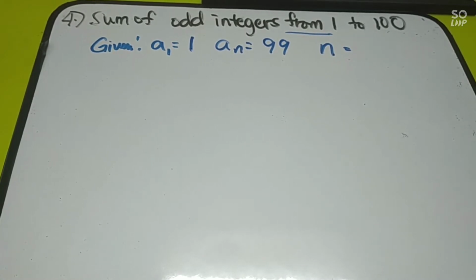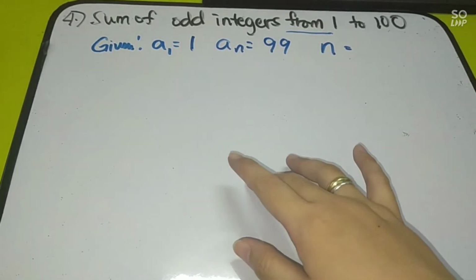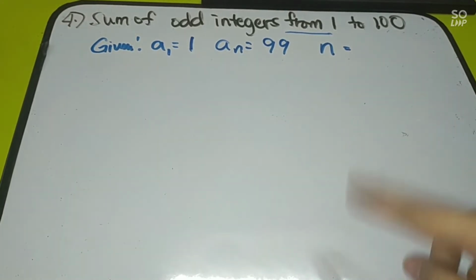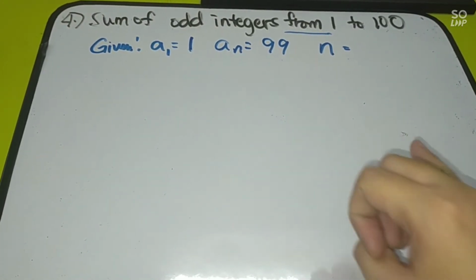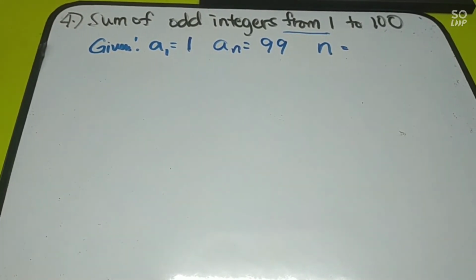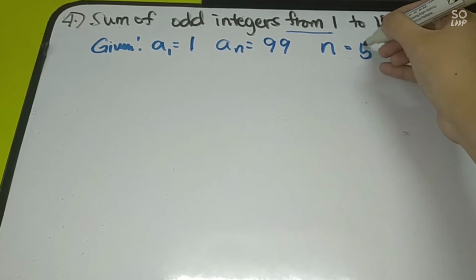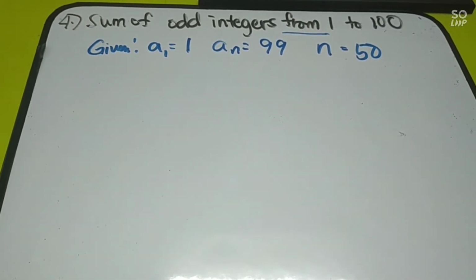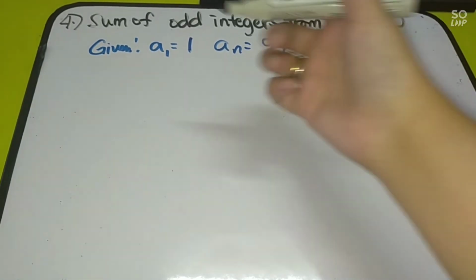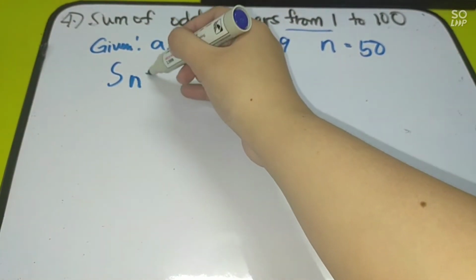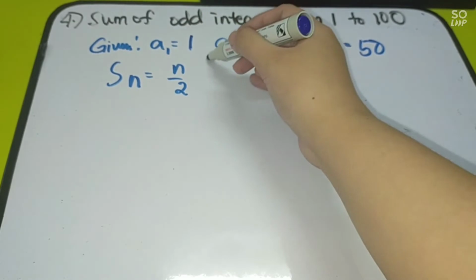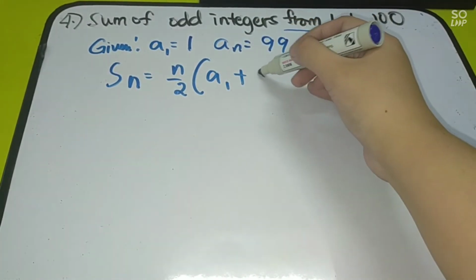So, kailangan alam mo kung ilan terms yan. So, syempre, skip counting tayo ng by 2s. 1, 3, 5, 7. So, 1 to 100, by 2 siya. So, 100 divided by 2, the answer is 50. So, this one is 50. So, dito, pwede natin gamitin si situation letter A. So, we have S sub n is equals to n over 2 multiplied by A sub 1 plus A sub n.